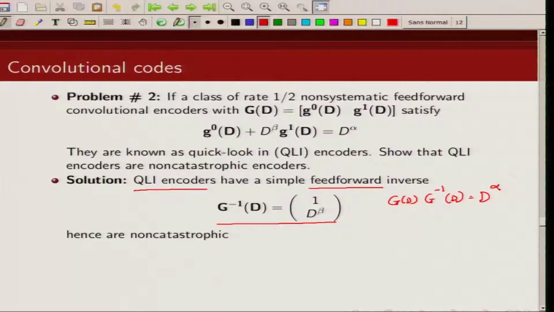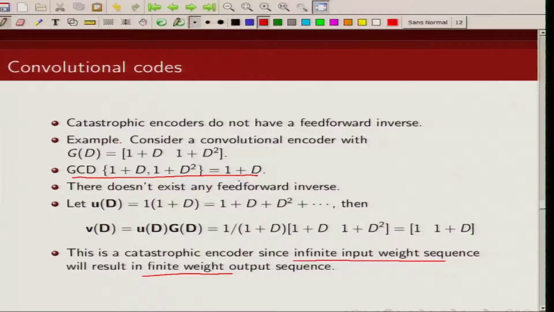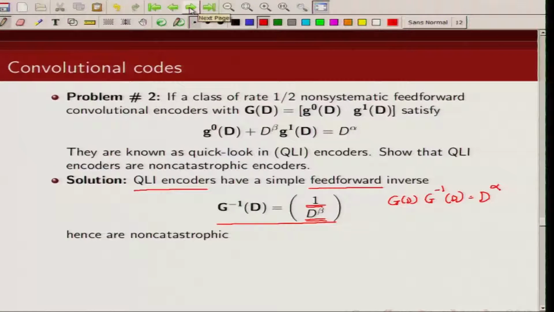Now, note that the encoder inverse of a quick look in encoder has just 2 taps, 1 and this D to the beta, and it has a feed forward inverse. So, this cannot be a catastrophic encoder. We just showed in the previous slide that a catastrophic encoder does not have a feed forward inverse, and since this has a feed forward inverse, this cannot be a catastrophic encoder.